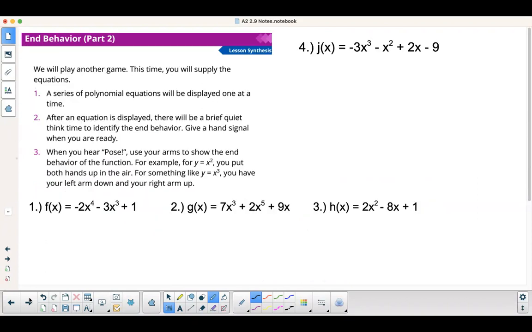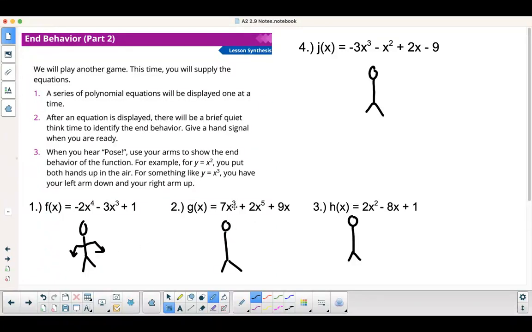All right, so we're going to play another game. This time I'm going to supply the equations. If we were in class, we would use our hand signals. So I'm going to draw some stick figures here, and we're going to do the end behavior game again. And I had to put my fourth one up here. All right, so even, negative leading coefficient, so both are going down.